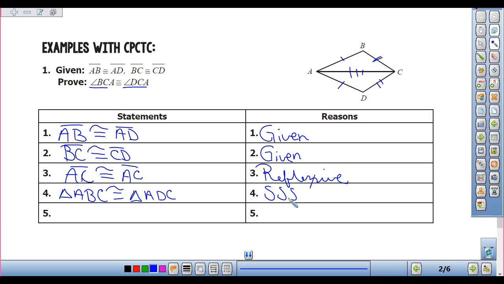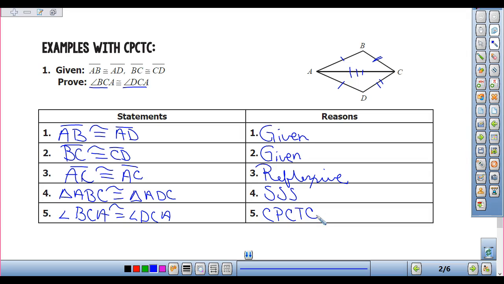Okay, this is going to be your last step. Angle BCA is congruent to angle DCA by, this is where we go, CPCTC. Or if you would like to write out corresponding parts of congruent triangles are congruent, you are more than welcome to.